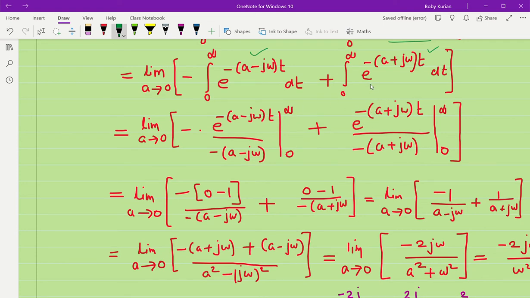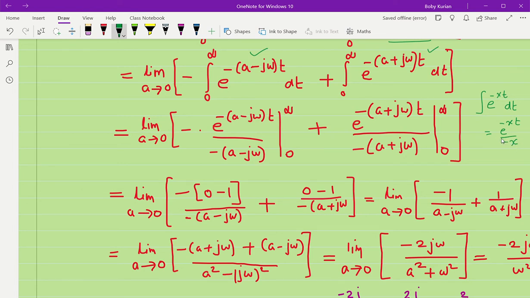Here as well, e power minus (a plus j omega) into t divided by a plus j omega. Okay, it means the integral, we know that e raised to minus x t dt is equal to e raised to minus x t divided by minus x.